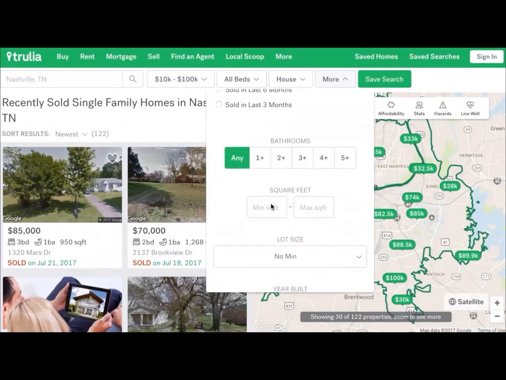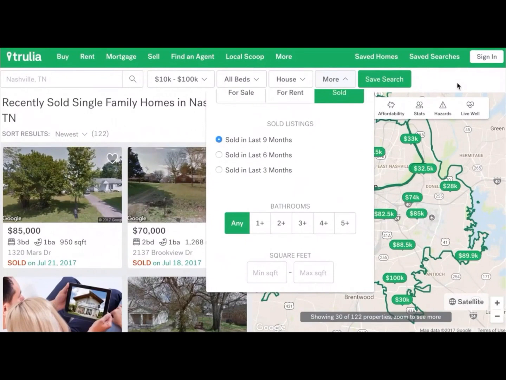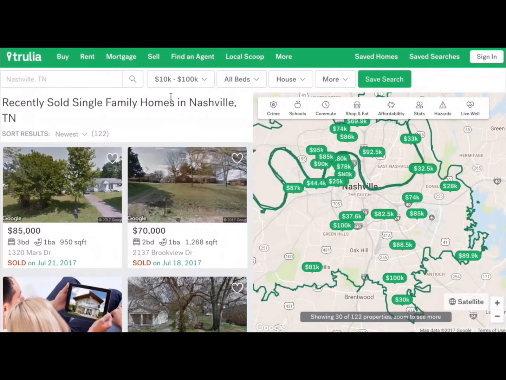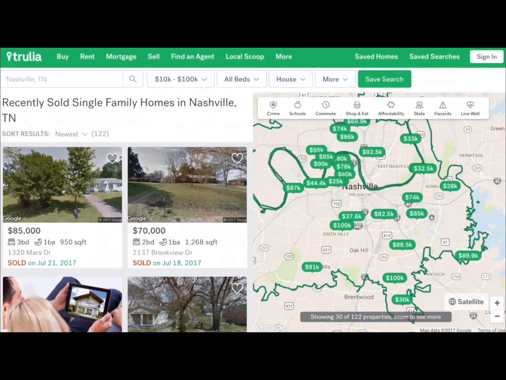Any bedroom, we're not going to put a filter on square foot or lot size or year built. So we're just going to look at those. Now, according to this, in the last 9 months from the date I'm doing this, that you're watching this, it's saying that there were 122 sold properties under 100,000 that are just houses, so we're not looking at condos and other stuff. That's 122.